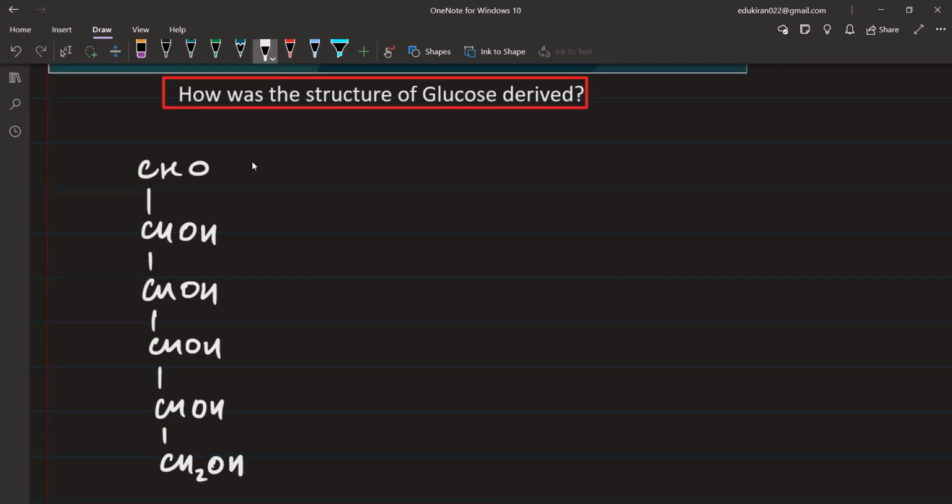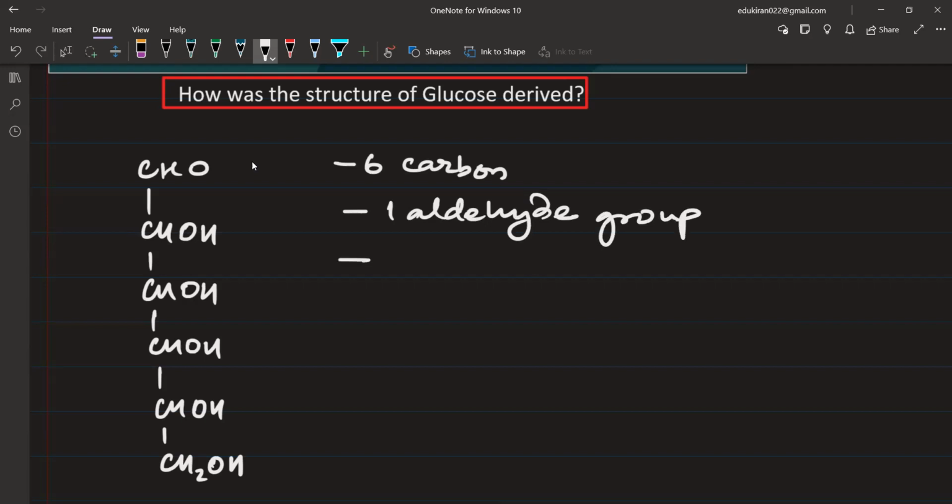Now, what are the things that we have to tell about the glucose structure? If we prove that there are 6 carbon atoms and it has one aldehyde group, there are four 2-degree alcohols, and there is one 1-degree alcohol.